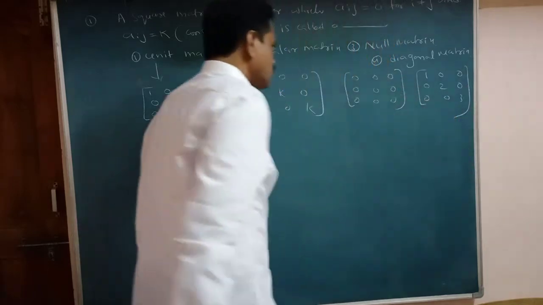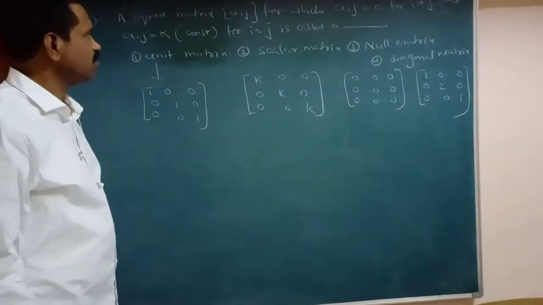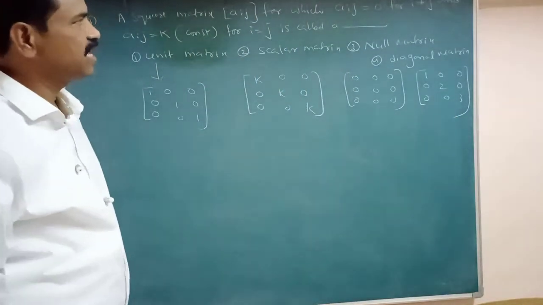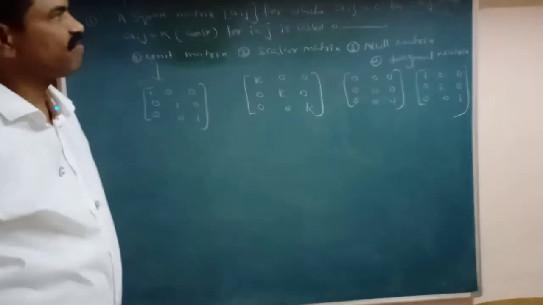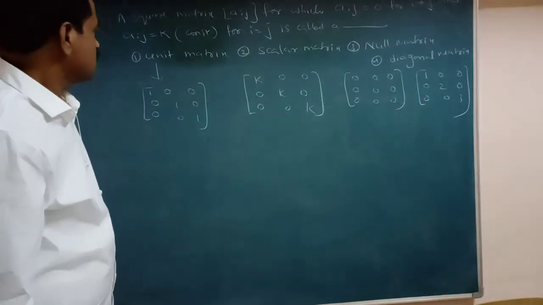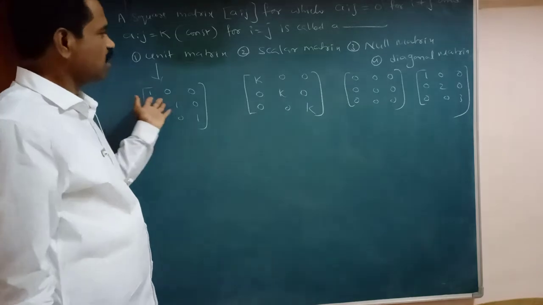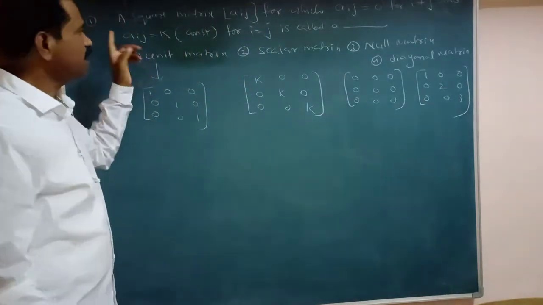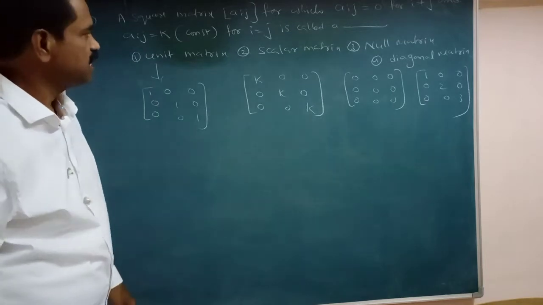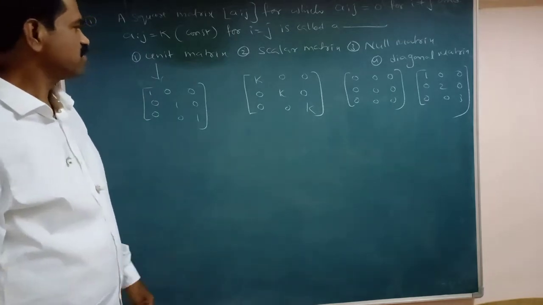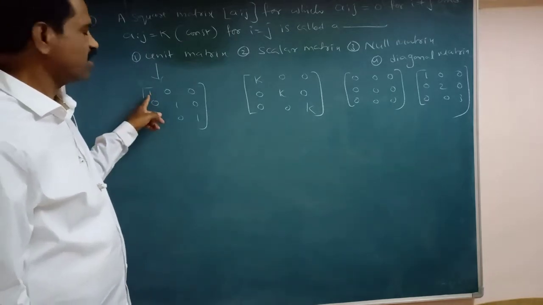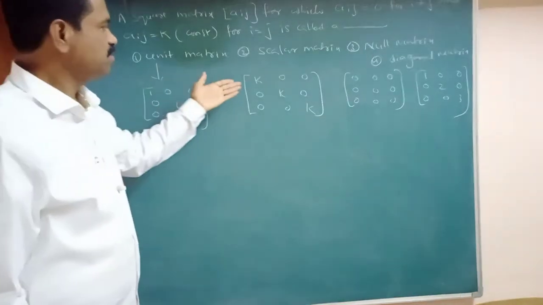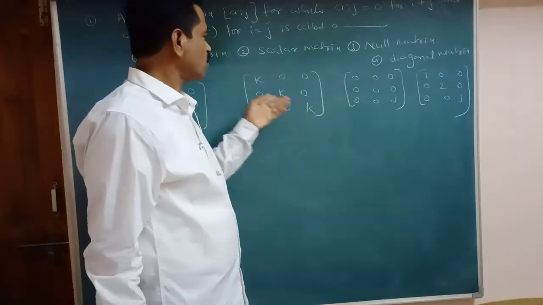We know that. Now see, a square matrix Aij for which Aij equals 0 for i not equal to j, so all those are zeros. But next, Aij equals k for i equal to j, which means a constant other than 1. It may be 2 or 3 or 4, it is k.